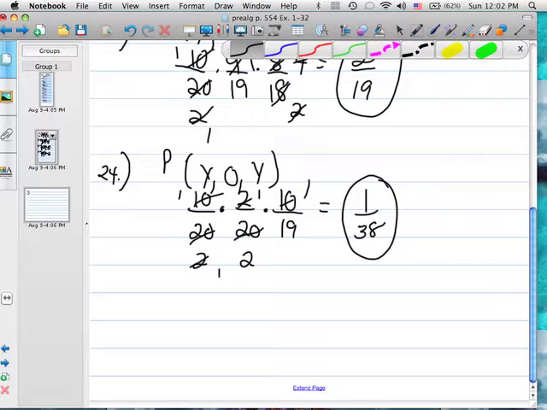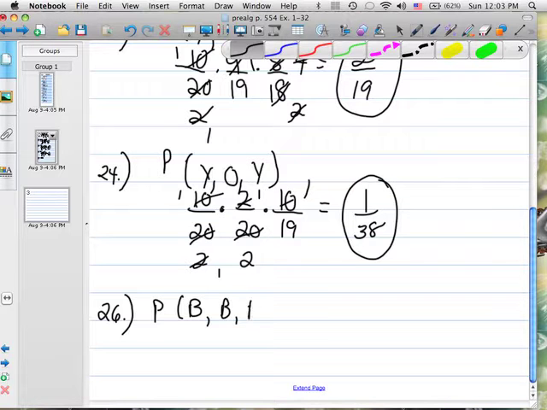The next event, 6 boys and 4 girls are finalists in a contest. All their names are placed in a hat and 3 names are drawn at random. Then prizes are awarded in the order the names are drawn. Find each probability. So the names are not going to be replaced. The probability that it's a boy, followed by a boy, followed by a boy.